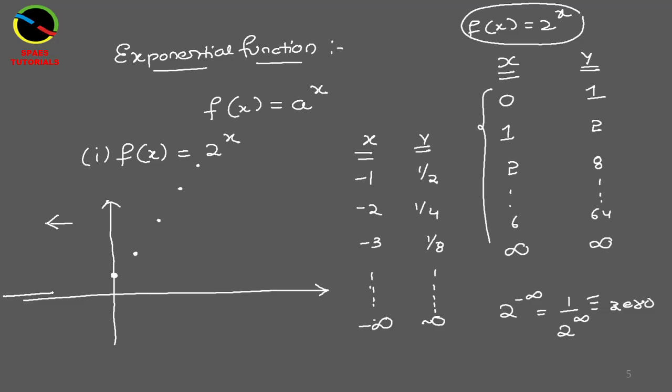It will never touch 0. So the graph looks like this. This is the graph of 2 power x. When 0 it is 1, when 1 it is 2, when 2 it is 4. I think this should be very clear, how to draw the graph of f of x is equal to 2 power x.